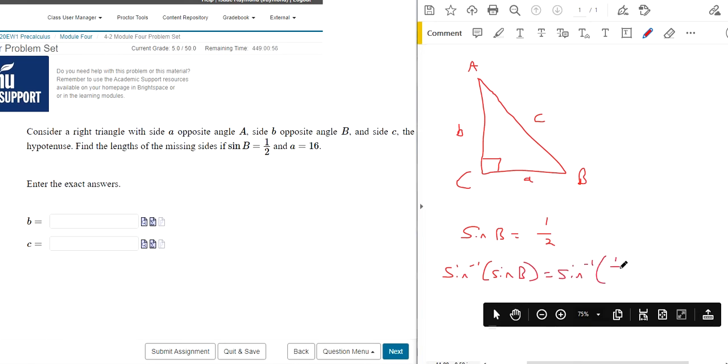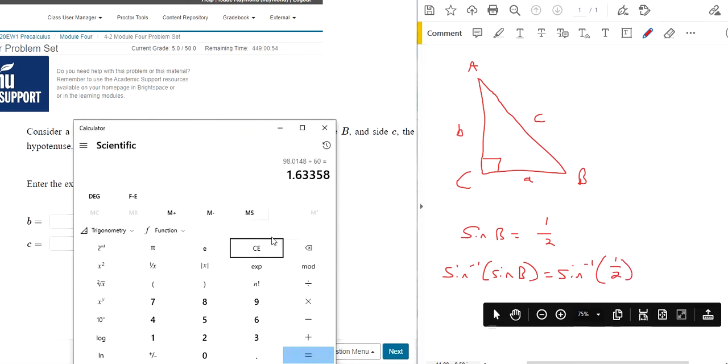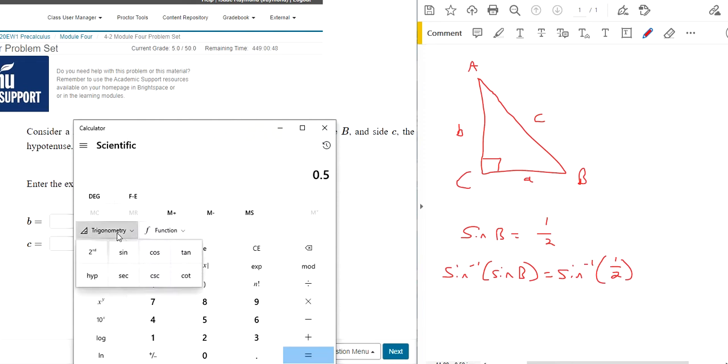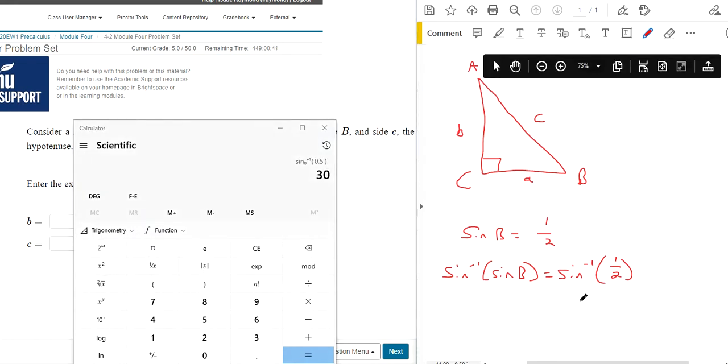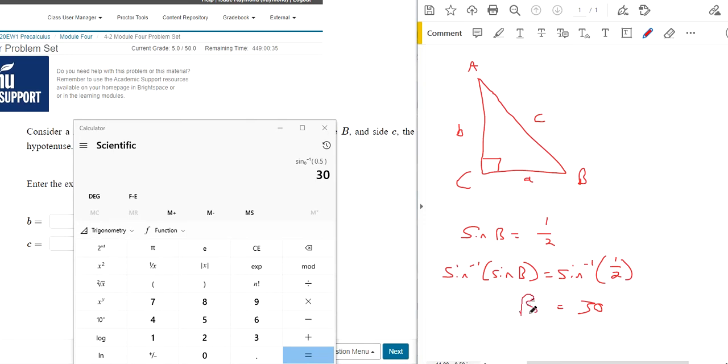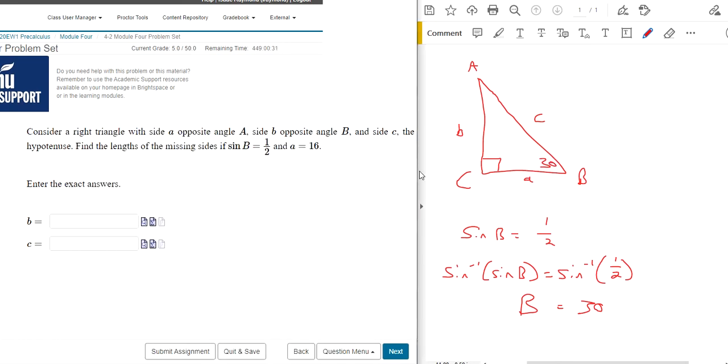With my calculator, I type in 1/2, so 0.5, then hit trigonometry, second, and there's my inverse sine. This right side in degrees is 30 degrees. Sine and inverse sine are inverses, so they cancel each other out. So we just found that angle B is 30 degrees.